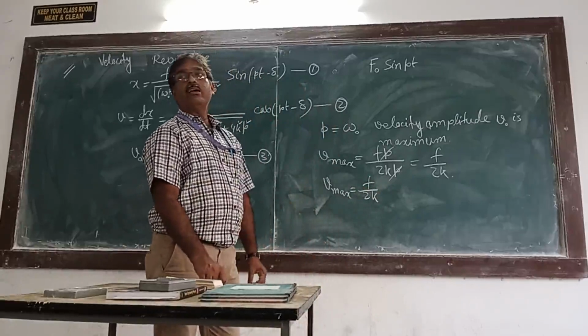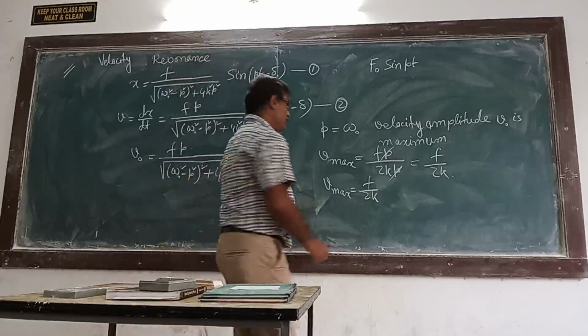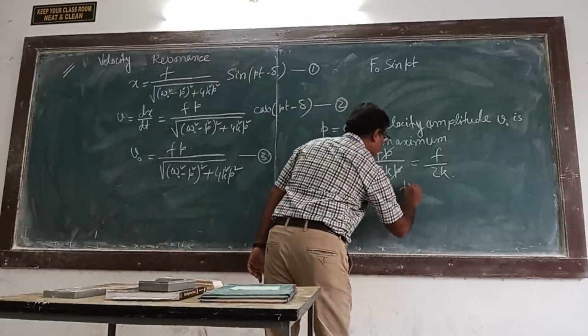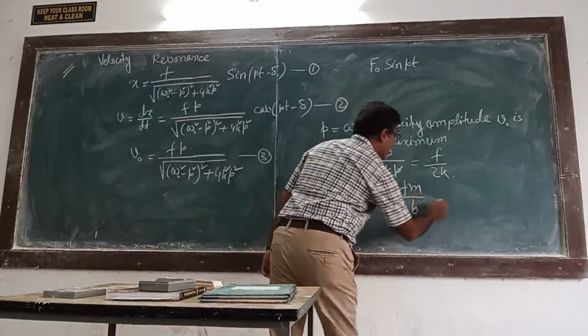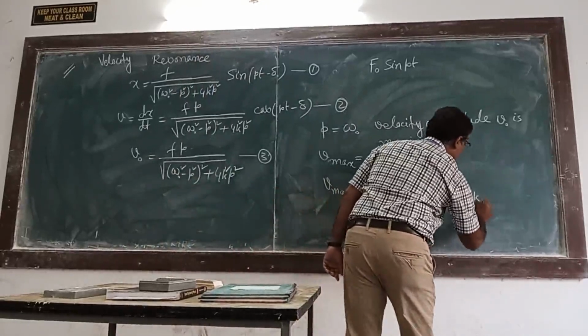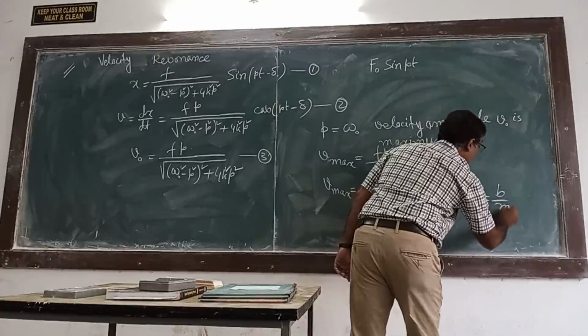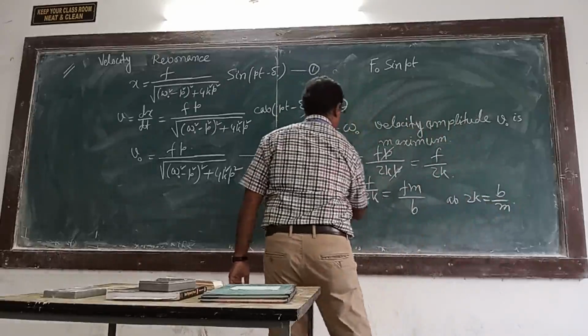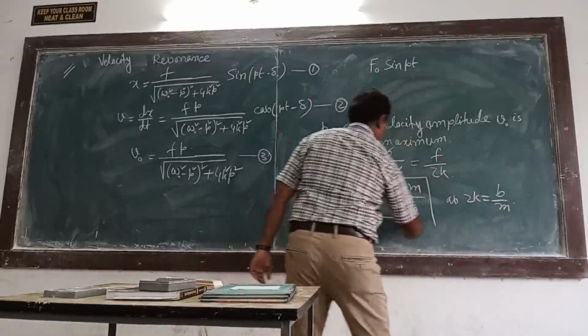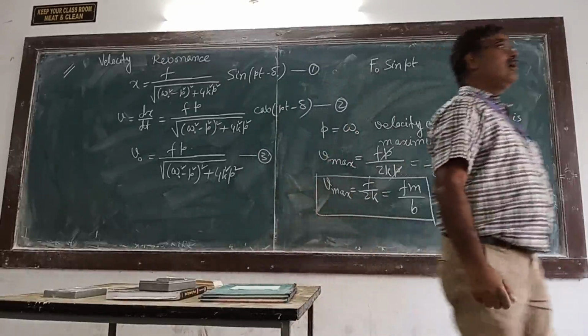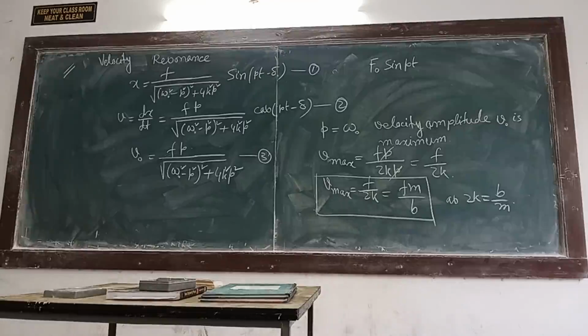Our 2k is b by m, so this equals F into m by b, as 2k equals b by m. So this is the maximum velocity.